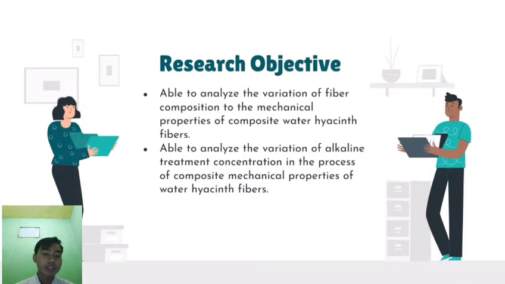First, to be able to analyze the variation of fiber composition on the mechanical properties of water hyacinth fiber composite. Second, to be able to analyze the variation of alkaline treatment concentration on the mechanical properties of water hyacinth fiber composite.